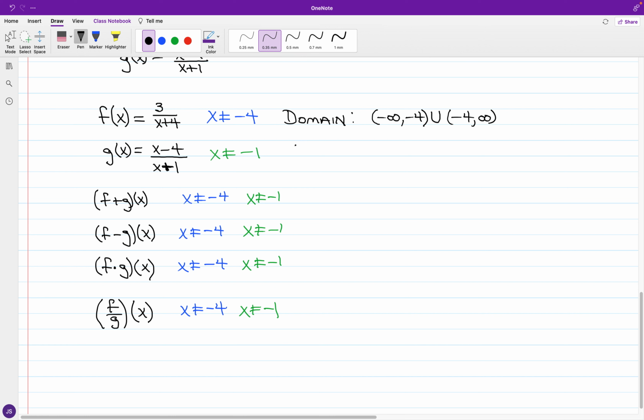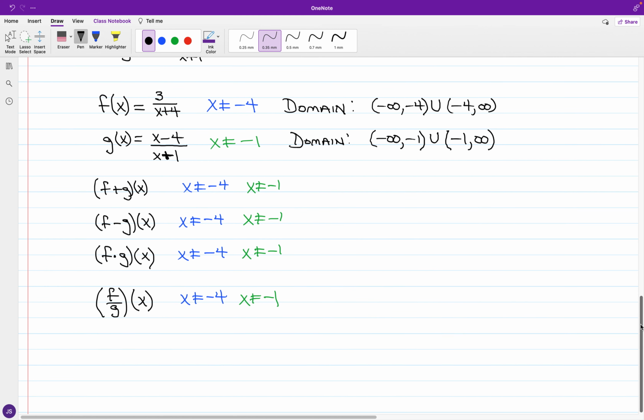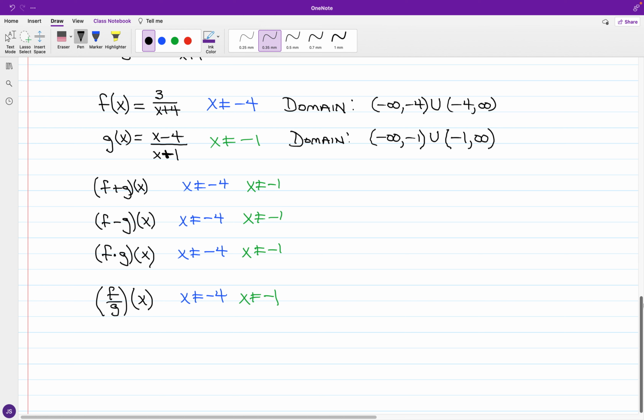And for g of x, you have negative 1 excluded. So for the domain, you're looking at just splitting up into two portions: those values of x less than negative 1 and those values greater than negative 1. So f of x and g of x we have split up into separate interval sections, less than and greater than the excluded values concerned.